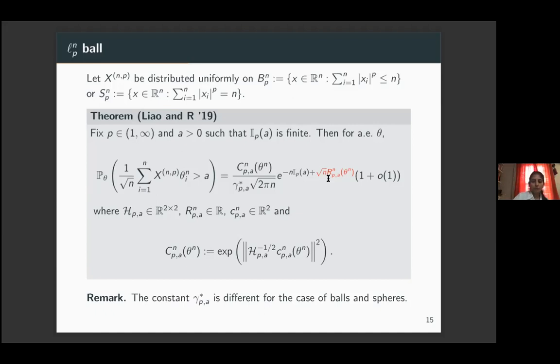Okay. And so this shows that this refined LDP has already got two advantages over the large deviation principle. One is that it is telling you something about the geometry also, in terms of dependence on theta n, because you know that the LP ball is not spherically invariant, right?